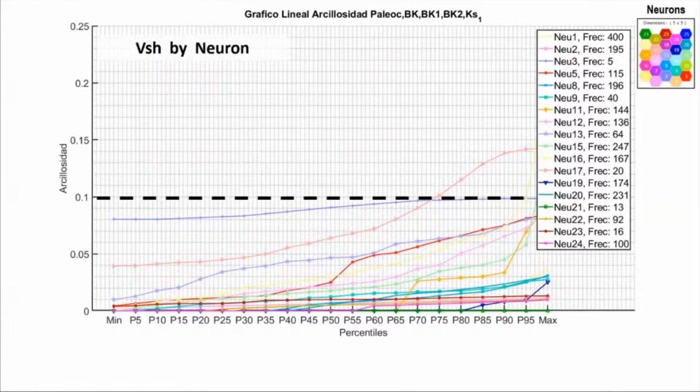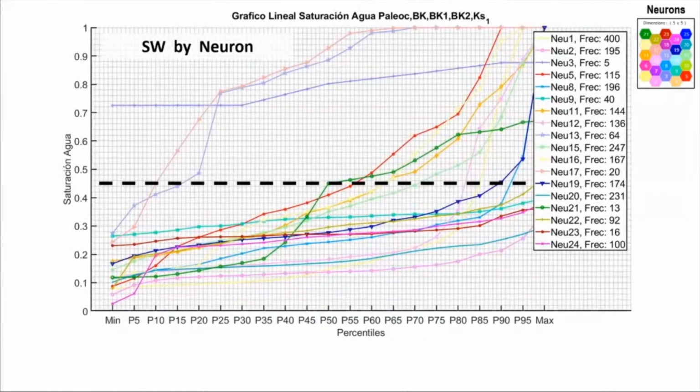Water saturation, you can see neuron number 1, the yellow, and 2, this pink with a little dot or circle, have very, very low values of water saturation. But maybe you have other neurons that have other trends, so you have to be careful.